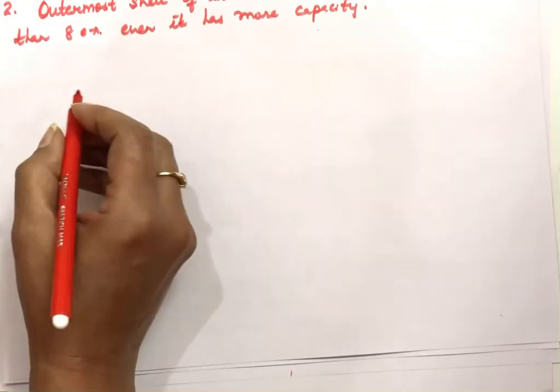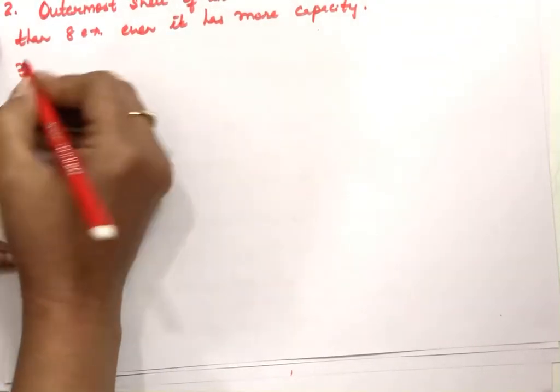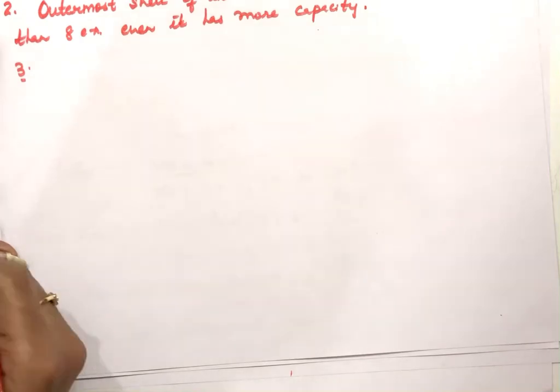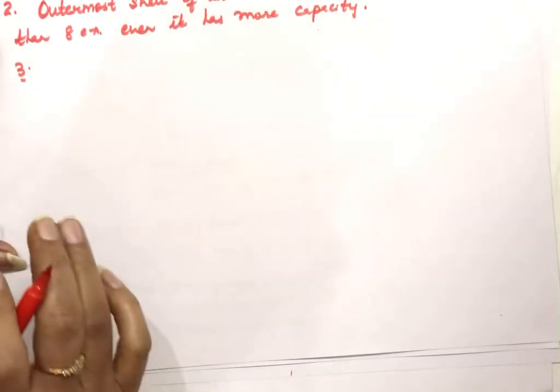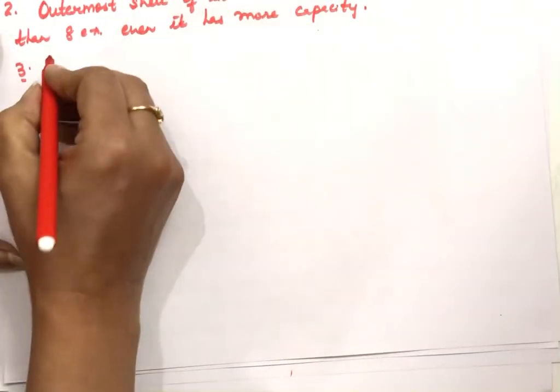Now the third point: electrons we have to fill in the lower energy level first. First of all, fill them completely, and then only is the turn of the next high energy level.